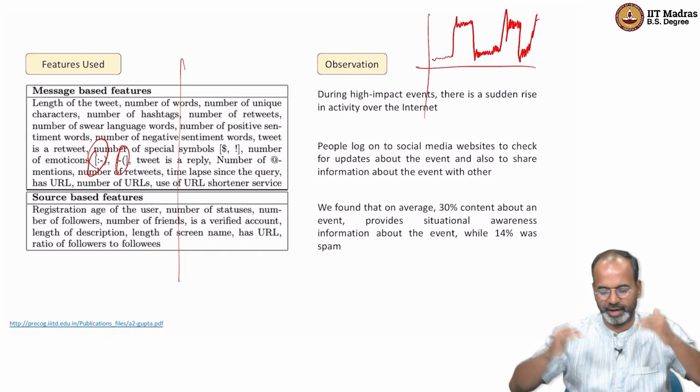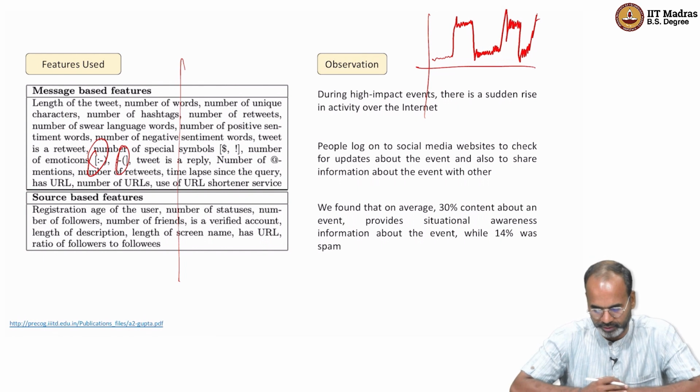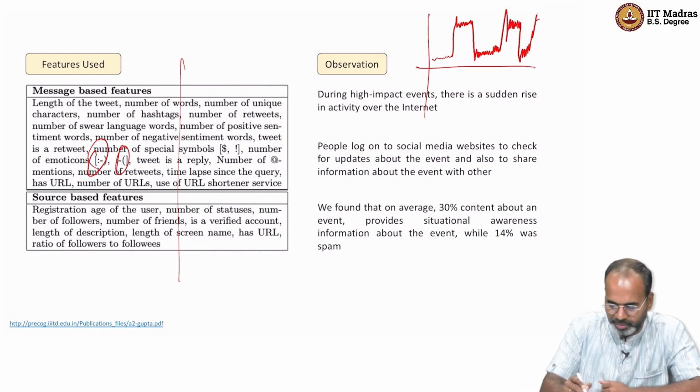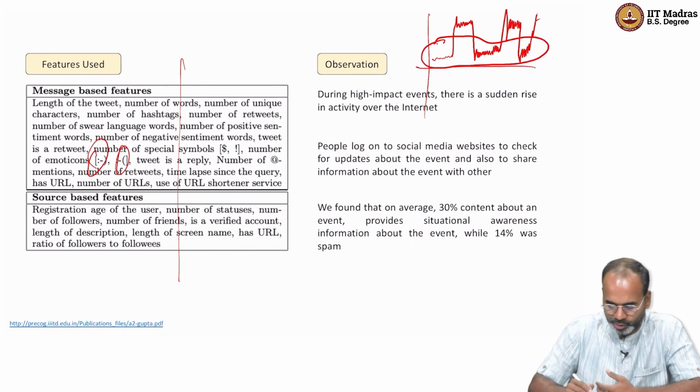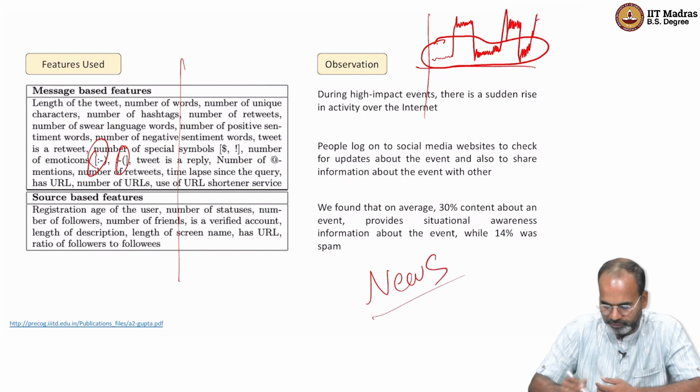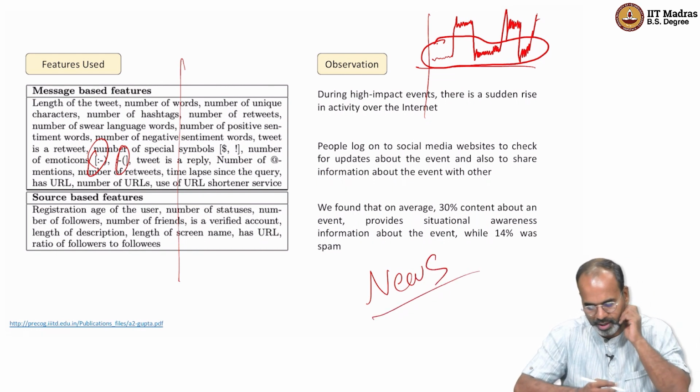It spikes and then things go low. Normally this is what the behavior is. People log on to social for the news, right? News people are using it only through social now.